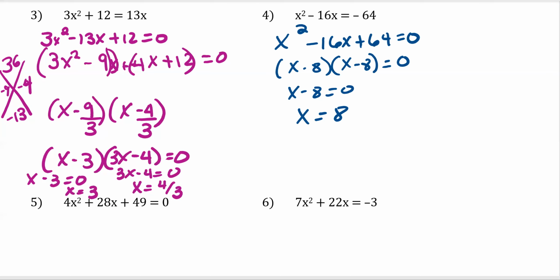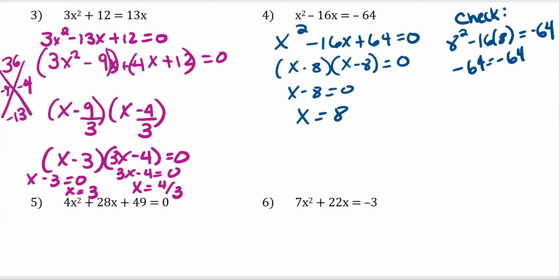And if you want to check this one, we would have 8 squared minus 16 times 8. Does that equal negative 64? And it does. Negative 64 is equal to negative 64. So I just wanted to show you how you can check your answers.